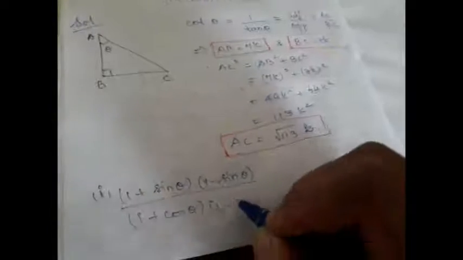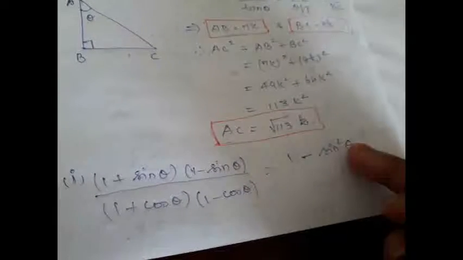What is the value of AB? What is the value of BC? And what is the value of AC? Now very well we can solve the questions. So what is your first question? 1 plus sine theta into 1 minus sine theta divided by 1 plus cos theta into 1 minus cos theta.